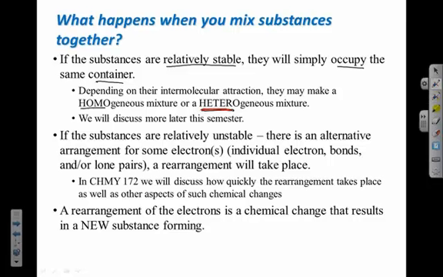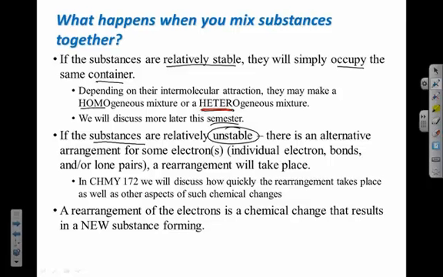We'll talk about that in a lot more detail, but what we want to talk about in this next section is what happens if the substances I'm mixing together are relatively unstable. Maybe one of my substances doesn't have a complete octet, or maybe it has a formal charge that makes it a little bit unstable.